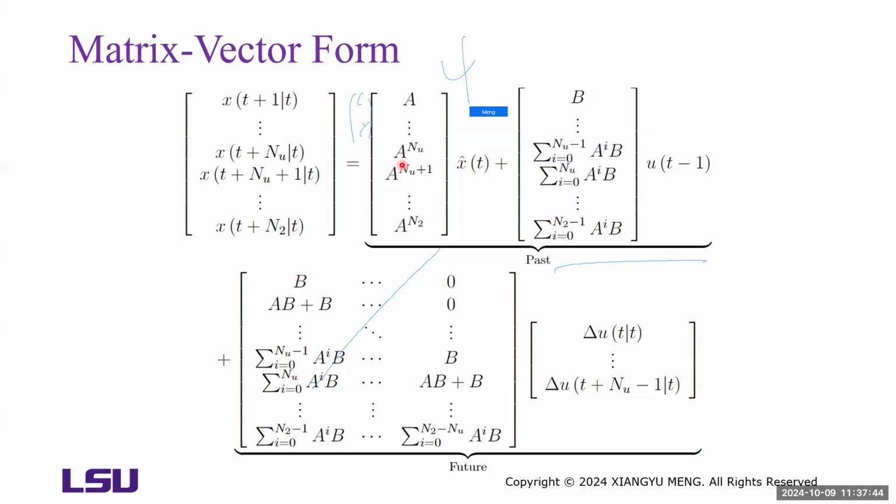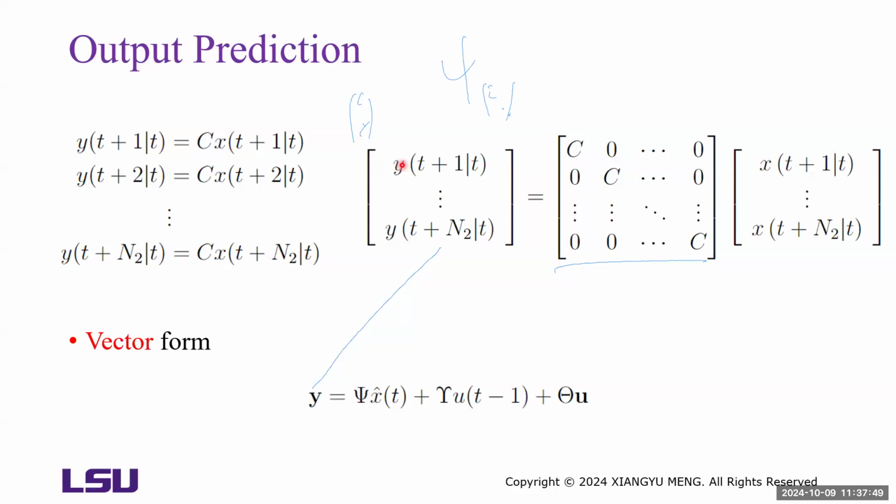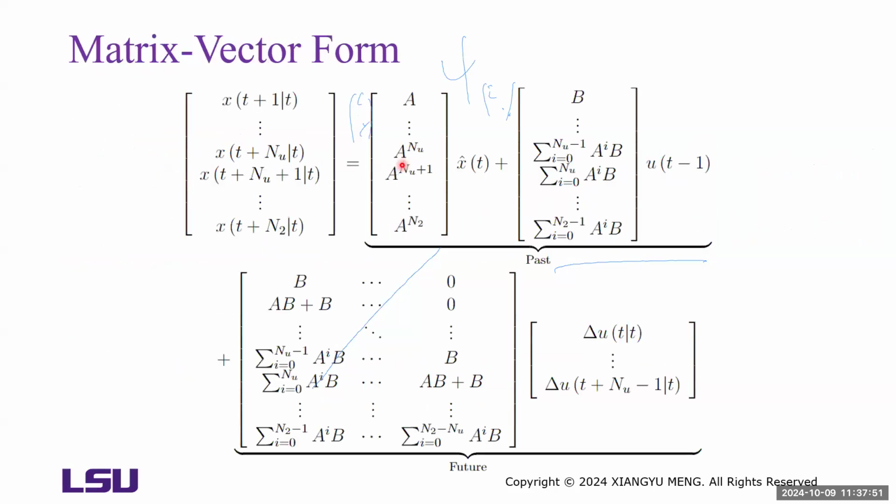The block C times this is called gamma. And the block C times this is called theta.